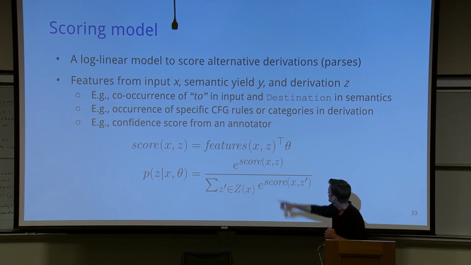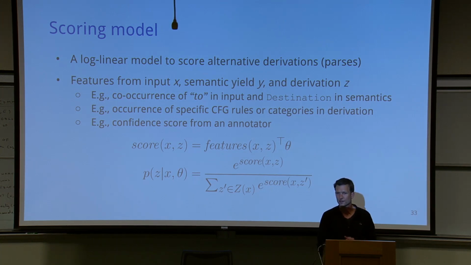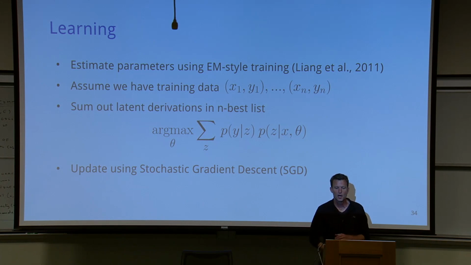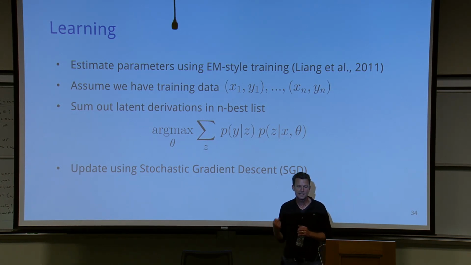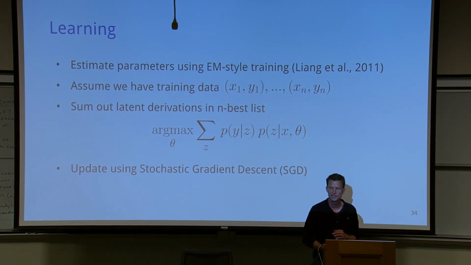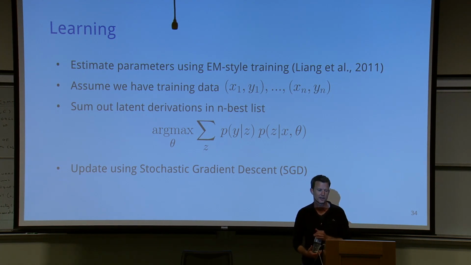So the next question is, where do we get this thing from? Where do we get the weight vector theta? This is basically the parameters of our scoring model. Well, we're going to get it from data. We're going to estimate those model parameters from training data, and we can do it using a variant of the EM algorithm.